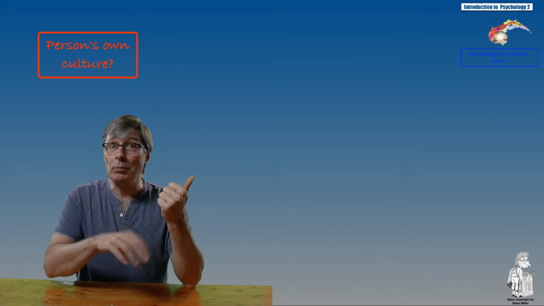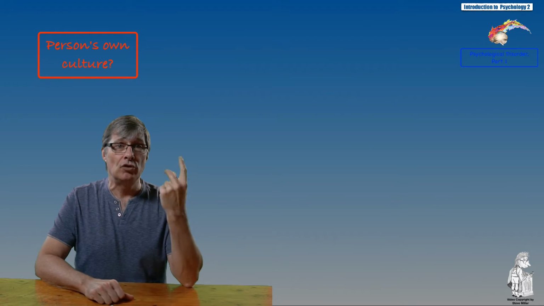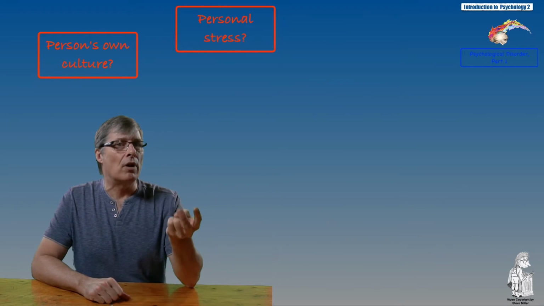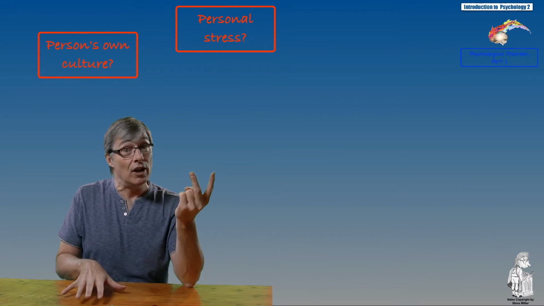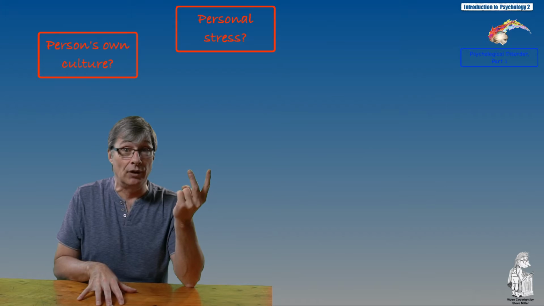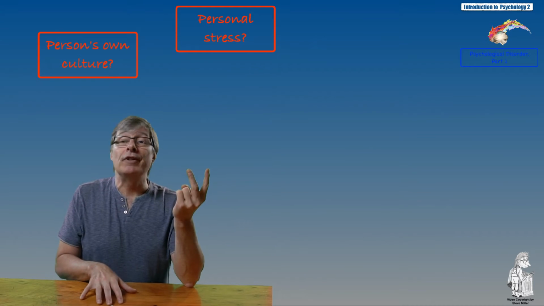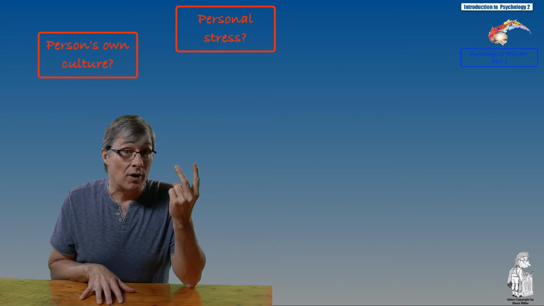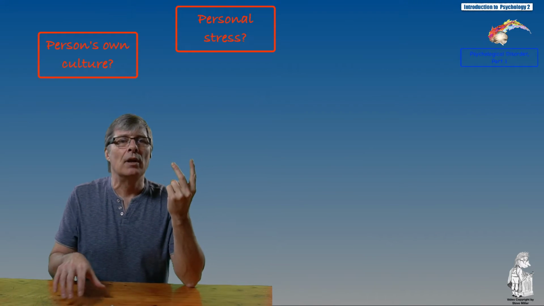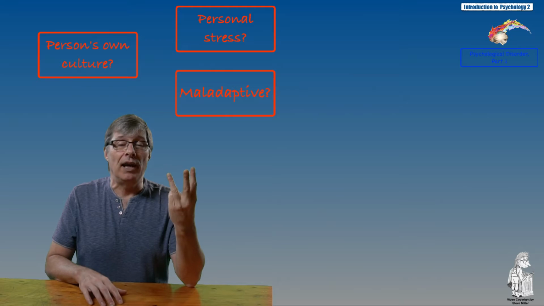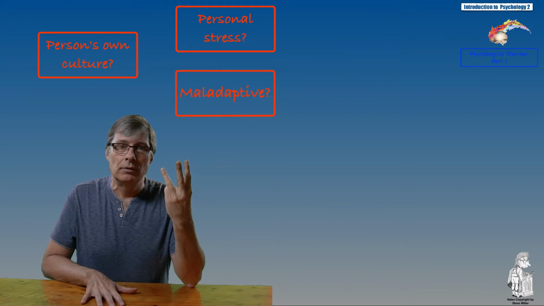So is it normal within one's own culture? Two, does the behavior cause personal distress? That is to say, is the person's life somehow messed up as a result of the behavior? Are they so fearful about going outside that they don't go outside, and therefore they're not able to hold a job? Personal distress.